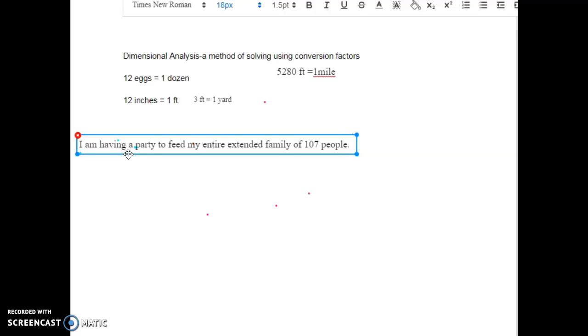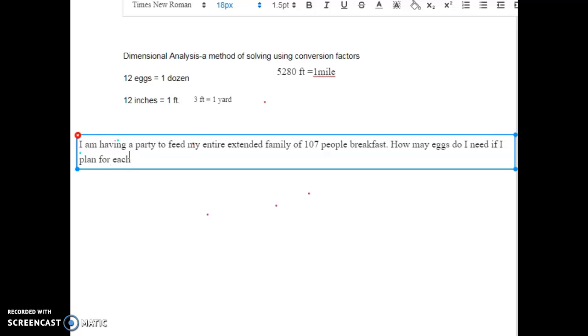This is a brunch party. I need to feed 107 people breakfast. Let's say I have lots of pancakes and I'm not worried about that, but I want to serve scrambled eggs. The average person, I'm going to plan for 2 eggs per person. So how many eggs do I need if I plan for each person to eat 2 eggs?